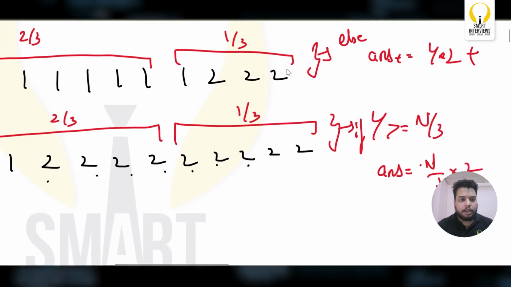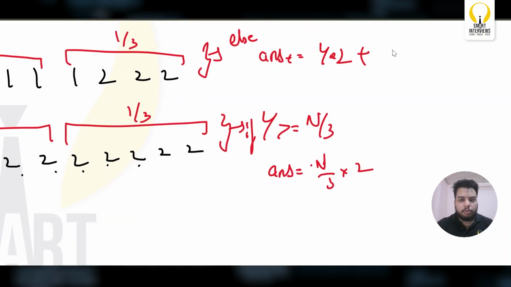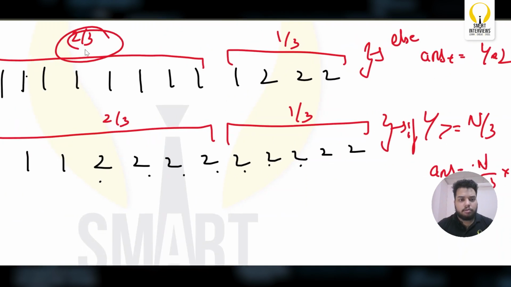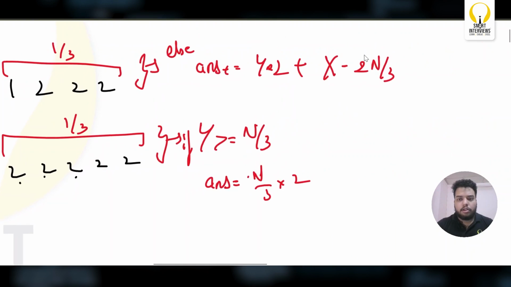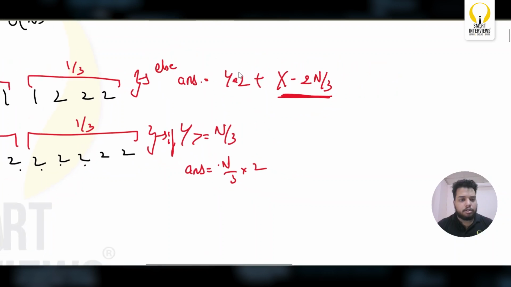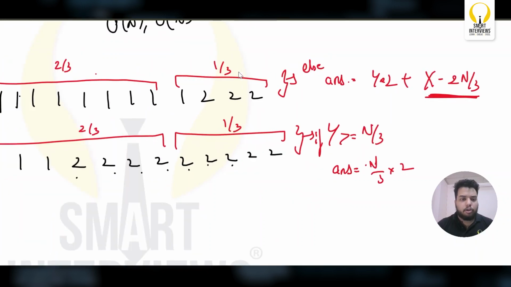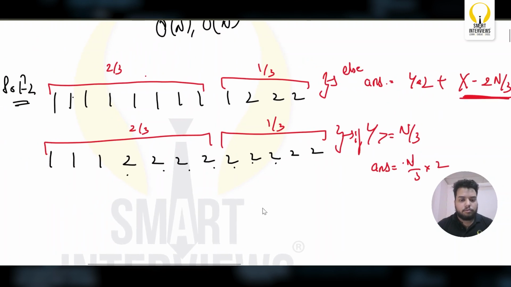So it can be added like total number of ones minus 2 into n by 3. This will be removed, and whatever leftover ones are, we are going to add to the answer. Okay, so this is going to be the optimal logic. So this can be done in big O of 1.